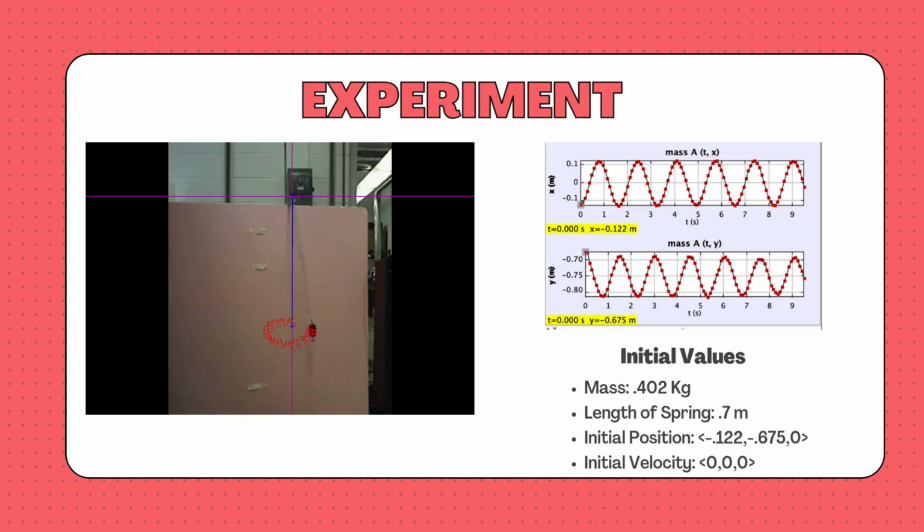So this was the tracker software, which had the video of the experiment, and the graphs on the right depict the x and y direction of the spring mass system's motion.